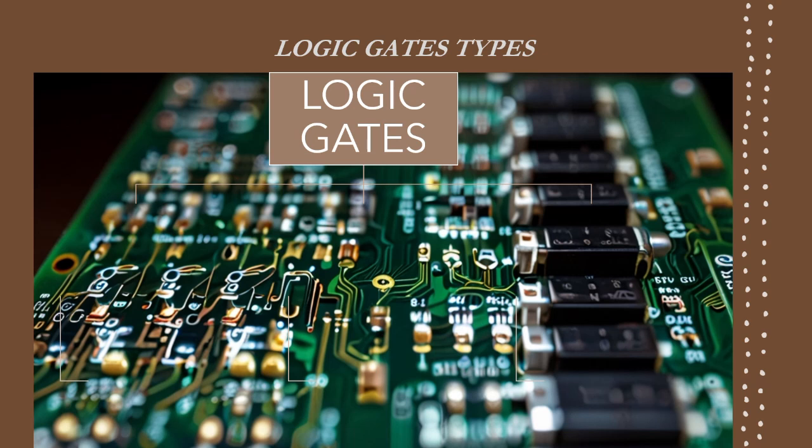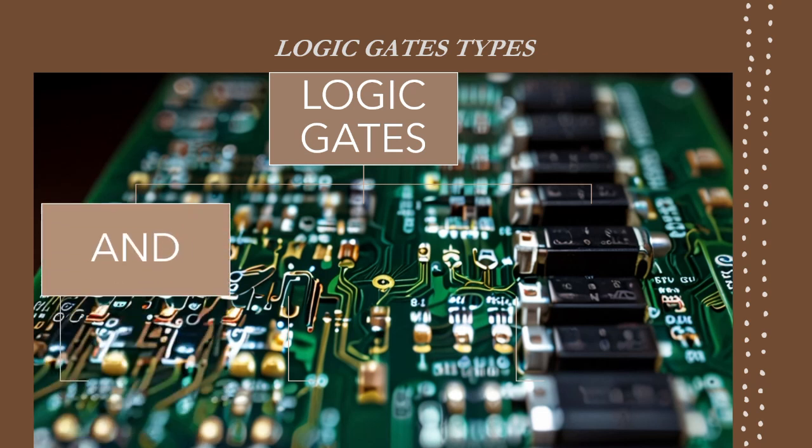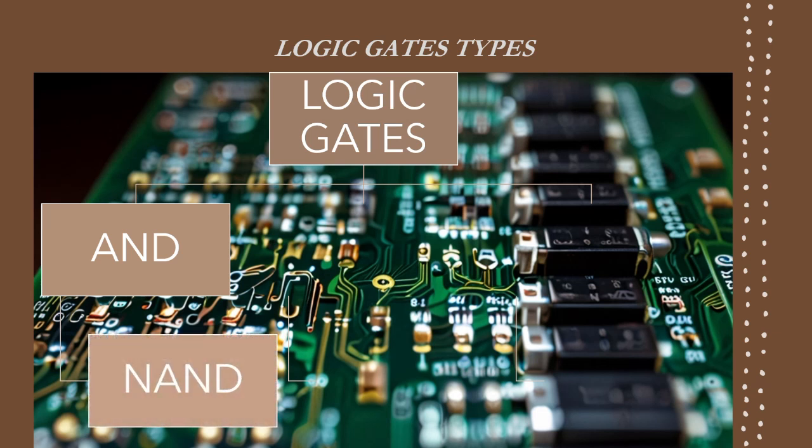So basically there are three main logic gates, that are AND, OR, NOT. But with the combination of these three gates, multiple other gates are formed. For example, the main gate is AND. With the combination of AND and NOT gate, there is another gate named NAND.